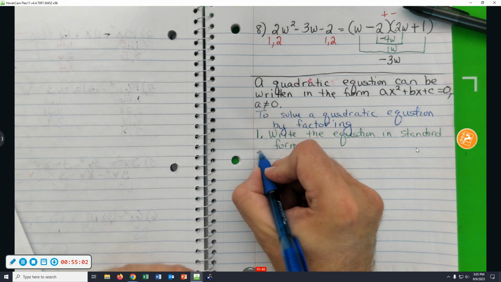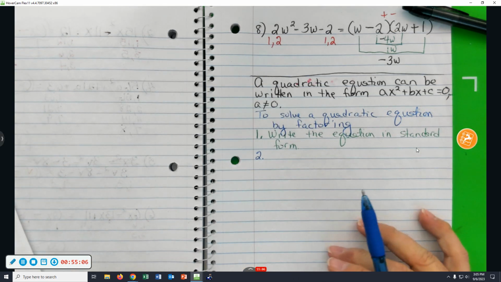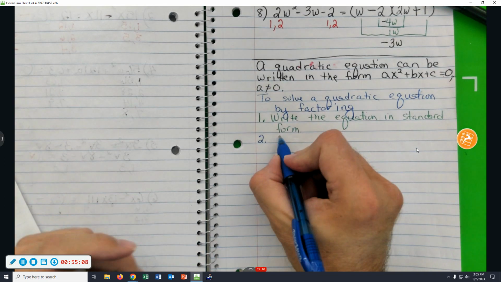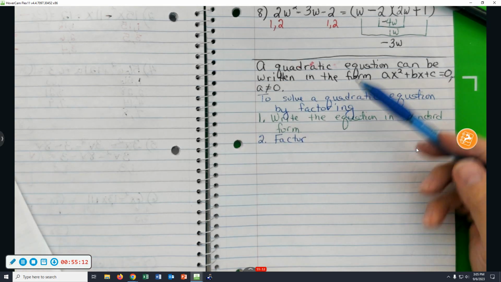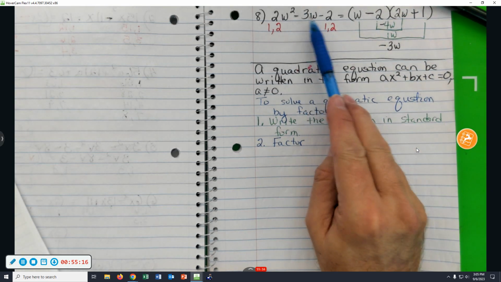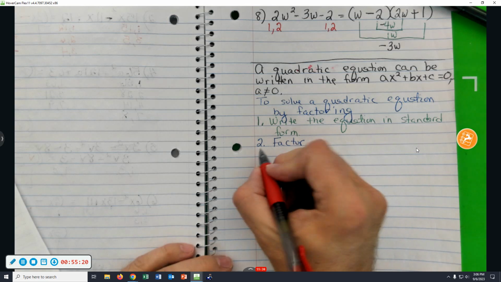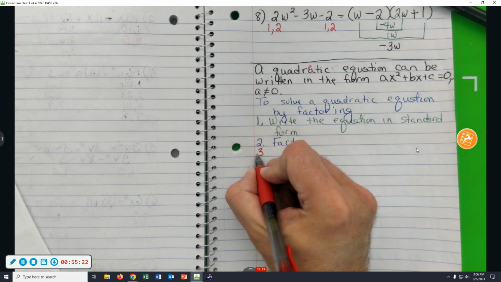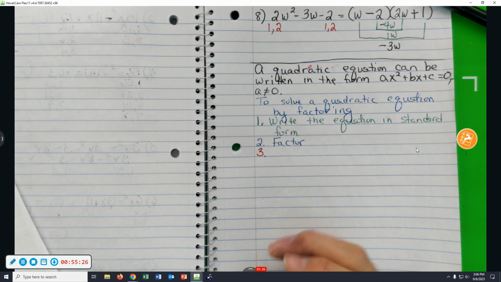Now the second step is only one word, but it's actually the long part of the problem. Once you get it written in that standard form, you factor it, just like we did number 8. There's something called the zero multiplication property. The only way a product can equal 0 is for one or more of the factors to be 0.